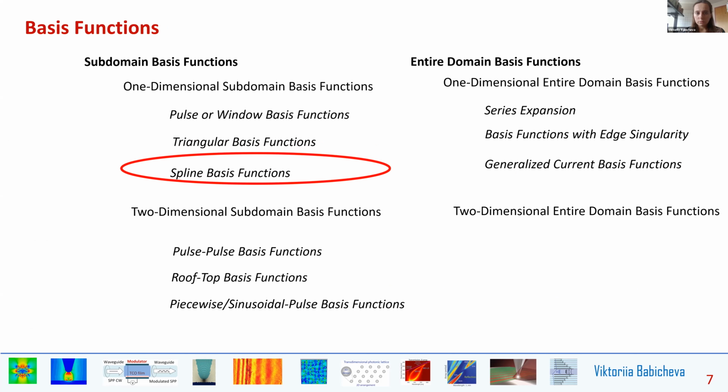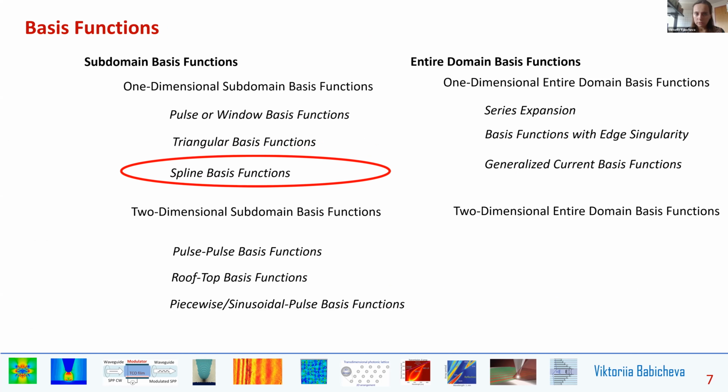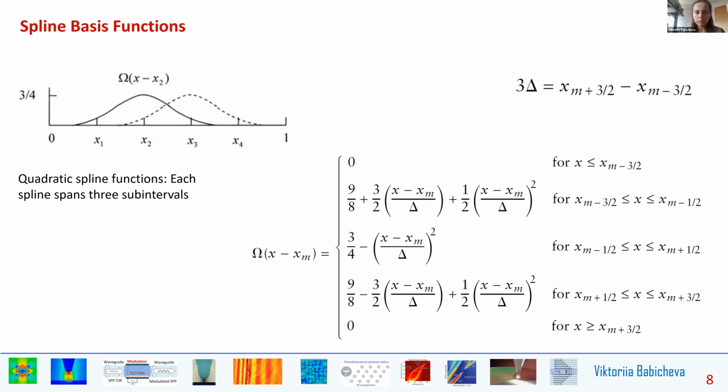So next we can also have spline basis functions, and in this case, a spline of order n has polynomial degree n-1, and the order 0 denotes the Dirac delta function, and the order 1 denotes the pulse function, and the order 2 the triangular function, and so on.